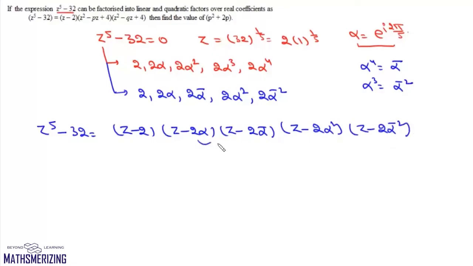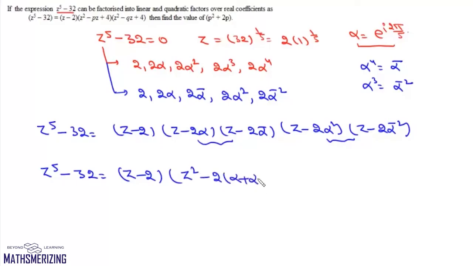Now we'll multiply these two factors and these two factors. We can write z to the power 5 minus 32 will be z minus 2, z square minus 2 times alpha plus alpha bar z plus 4, and z square minus 2 times alpha square plus alpha bar square z, and then plus 4.